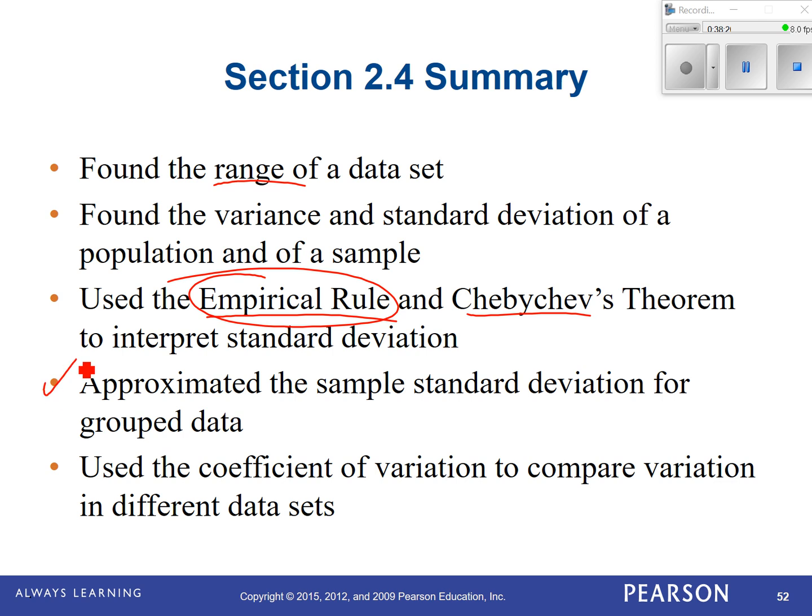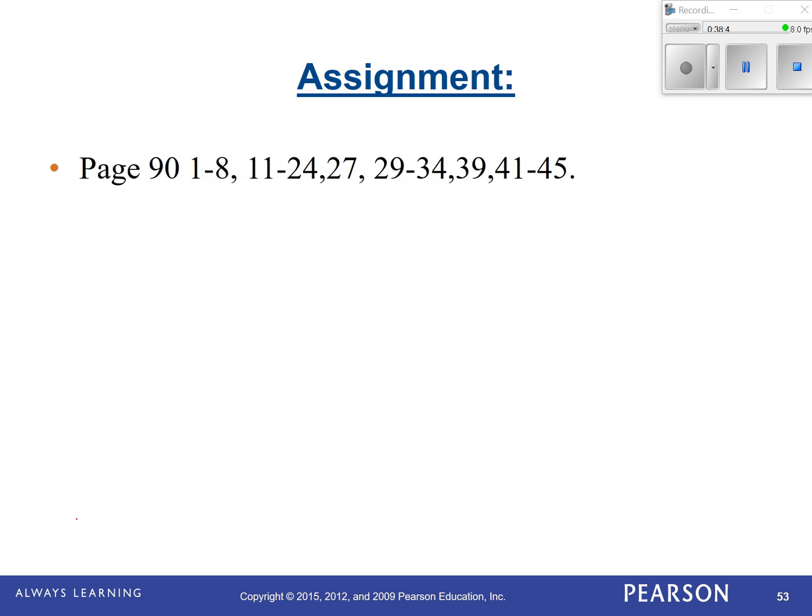What we covered today: approximating sample standard deviation for grouped data, whether it's something with classes or something that's just grouped together. Be able to find the CV, and understand how you can say, okay, this one varies more than that one. Just add this to the previous assignment.